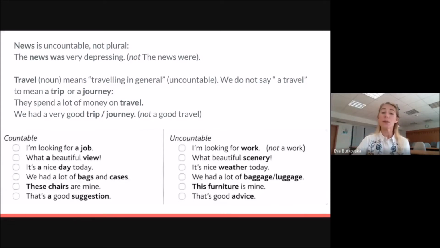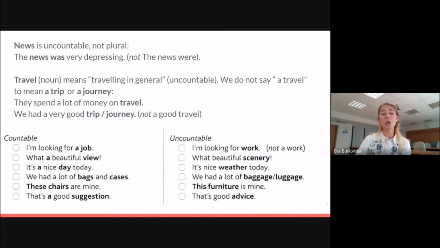So in this case, we would say we had a very good trip or a very good journey. A trip or a journey. We wouldn't say we had a very good travel, because travel is uncountable. So think about it, really understand and remember.